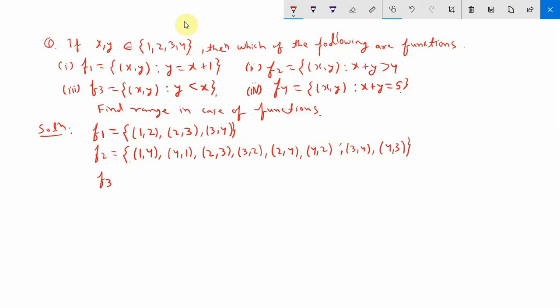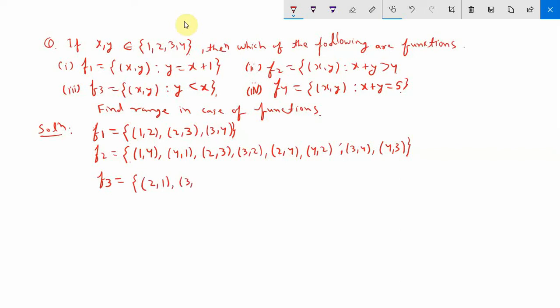So now we will define F3. F3 is x, y such that y is less than x. If we have x as 1, we will not have any y less than x, so we will not consider 1. If we consider 2, y will be 1.